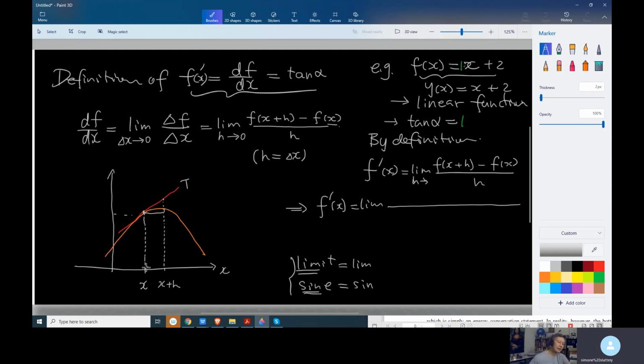You have x and x plus h, so there are 2 values here: one is f(x), another is f(x + h). Basically, this is just a difference, like subtraction in our arithmetic. But how do we write f(x)? How do we write f(x + h)? h eventually goes to 0.